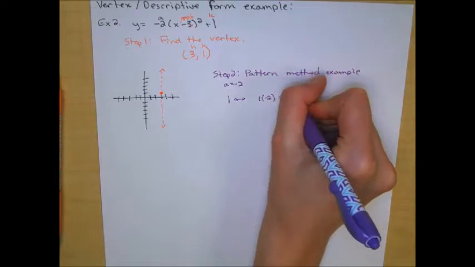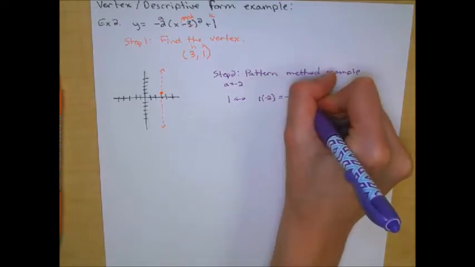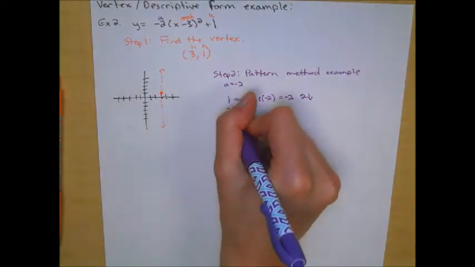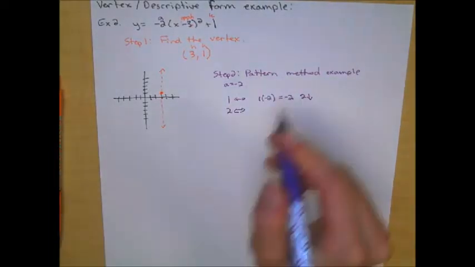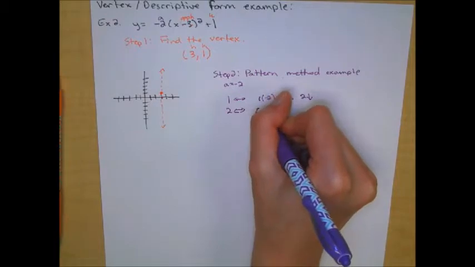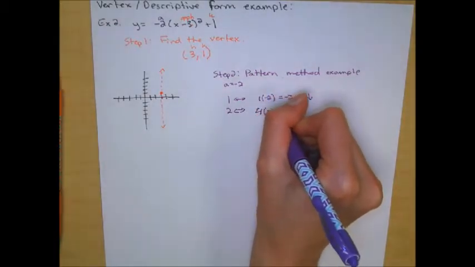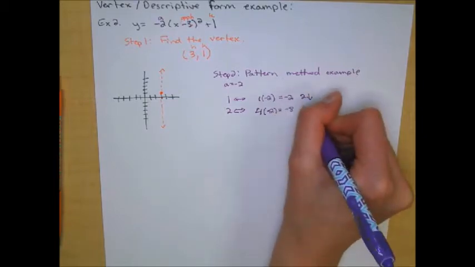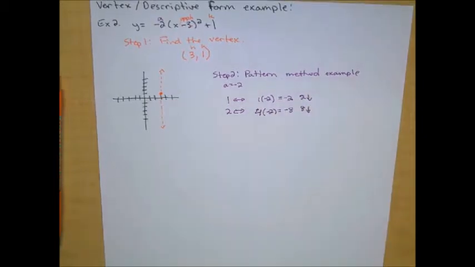So we're going to go 2 down. 2 to the right. Then I have 4 times A. So 4 times -2 is -8. So we're going to go 8 down.